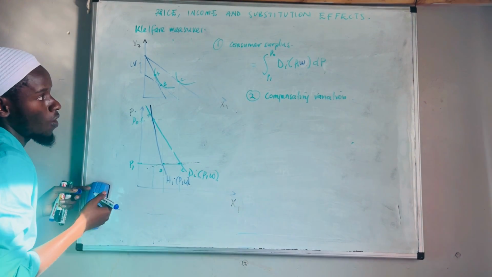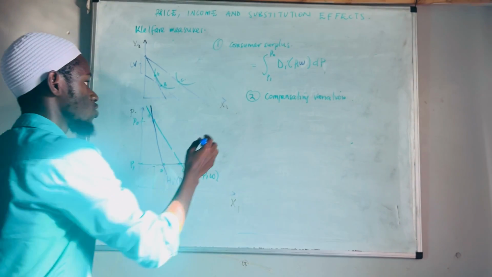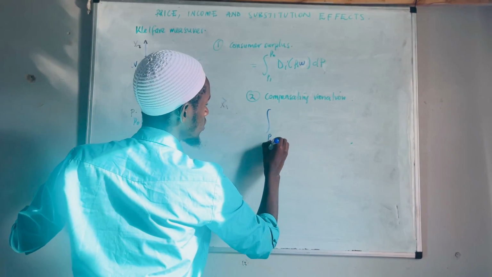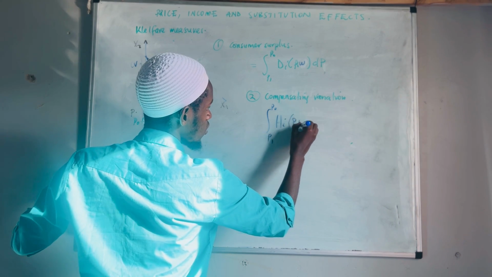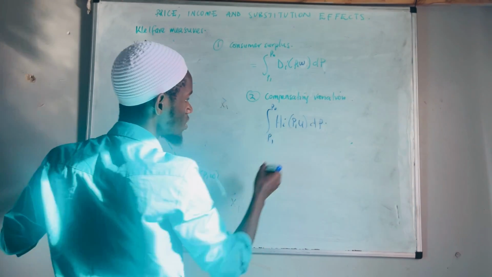Therefore, our compensating variation equals the integral from P1 to P0 of the Hicksian demand function Hi of P and U dP. As simple as that.